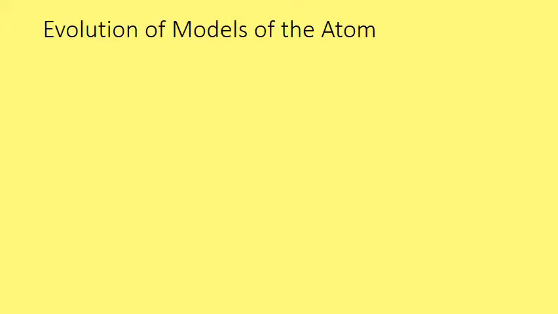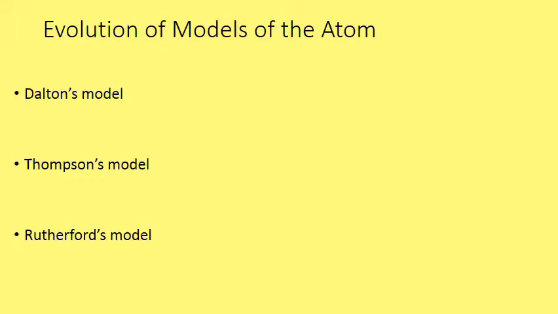What we can do now is review the last half dozen models of the atom, going back a couple of hundred years, to the early 19th century. The model that prevailed was developed by John Dalton, and that was superseded by the plum pudding model by J.J. Thomson, which was then, after several interesting experiments, superseded by Rutherford's model.